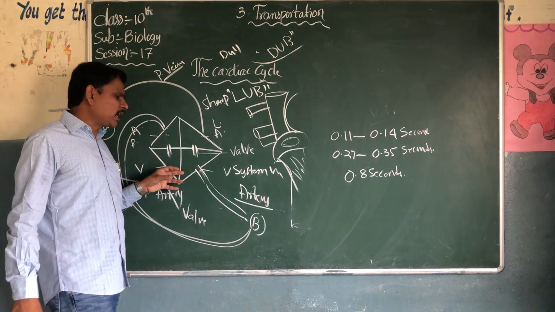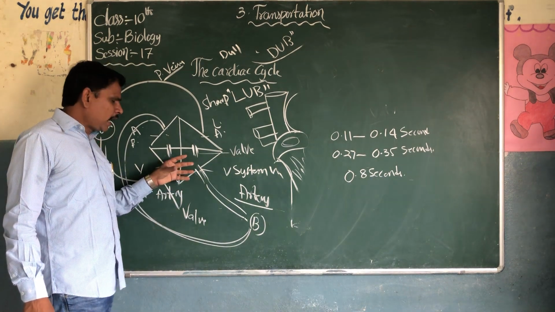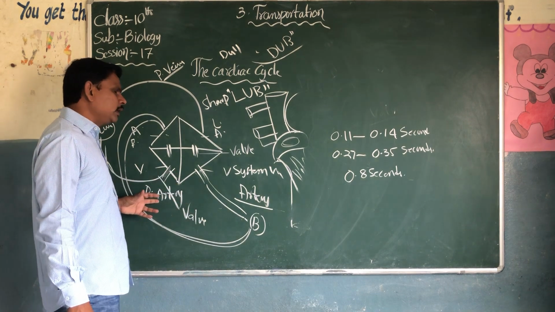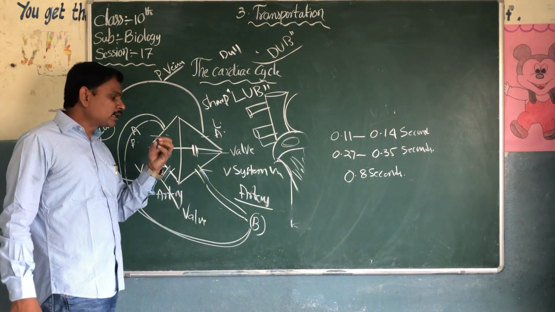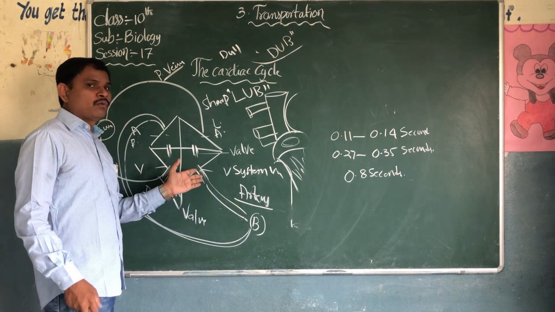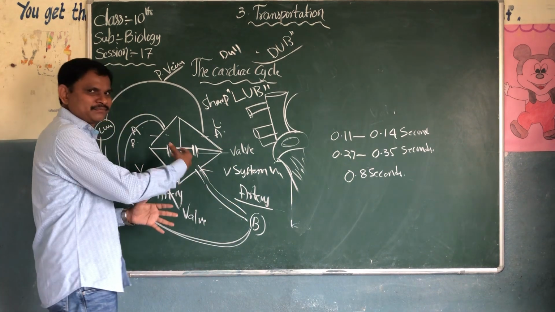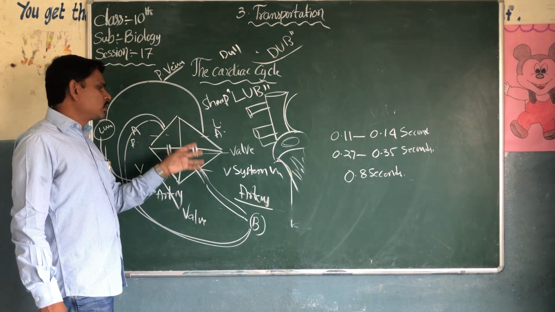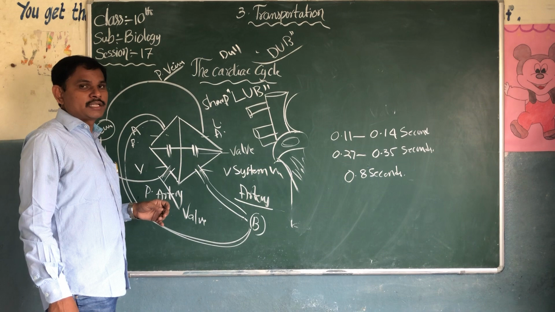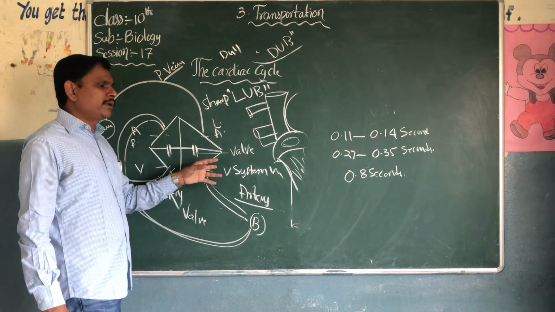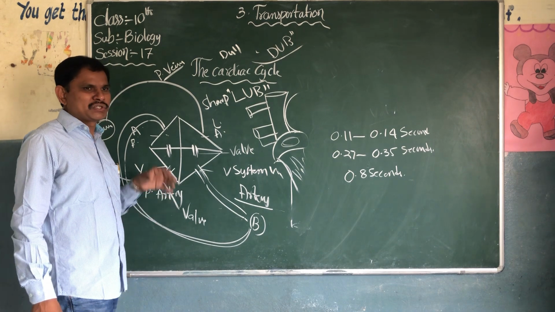When the ventricles contract, the blood flows to the body parts through the arteries, and through the pulmonary artery to the lungs. When they start relaxation, the blood present in the arteries wants to move in the reverse direction. So there is a valve present to prevent the reverse flow of blood into the ventricles. The systemic valve and pulmonary valve are going to close.